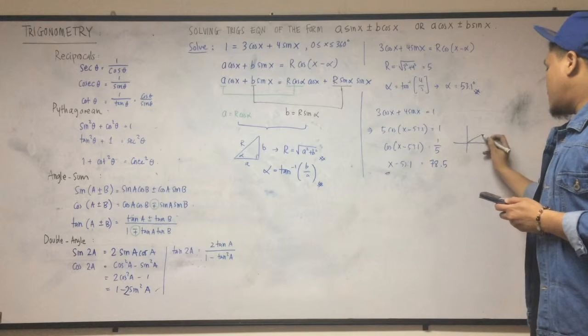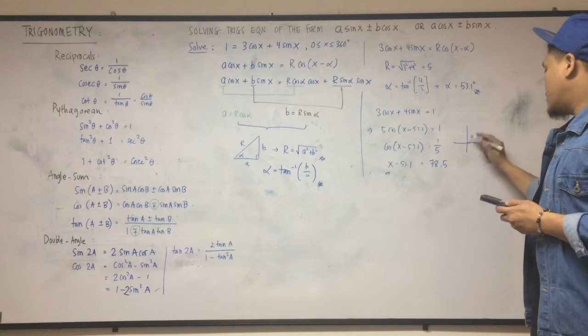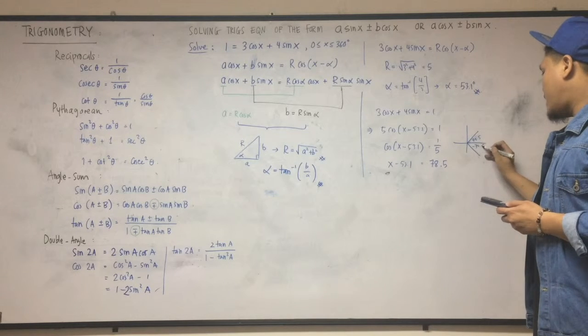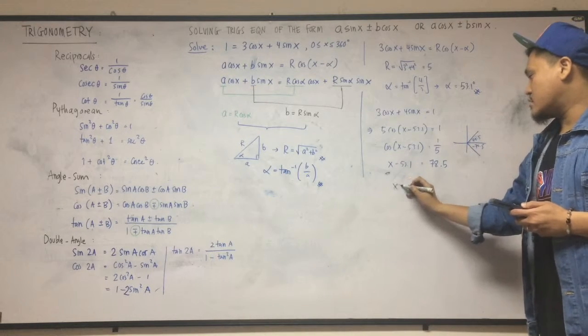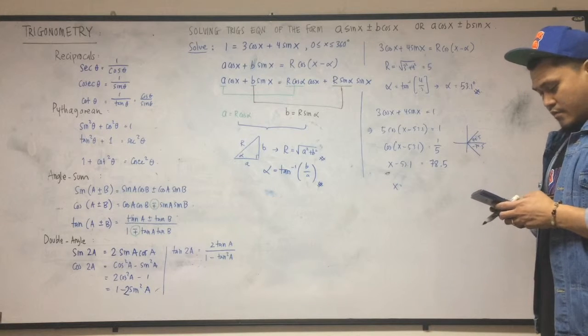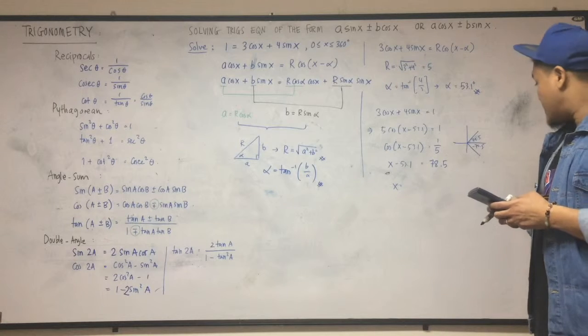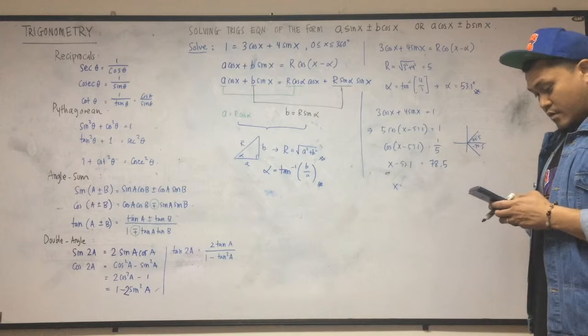So this is going to be here, 78.5. It could also be negative 78.5. So x is equal to 78.5 plus 53.1.